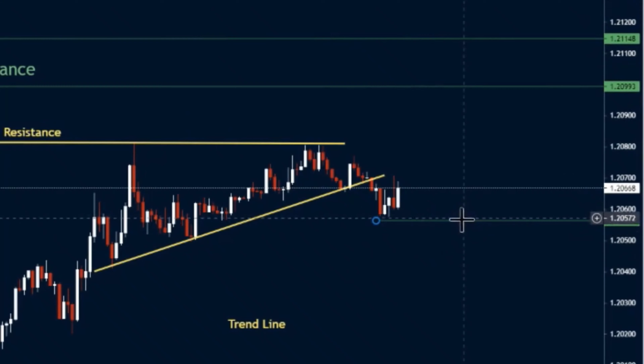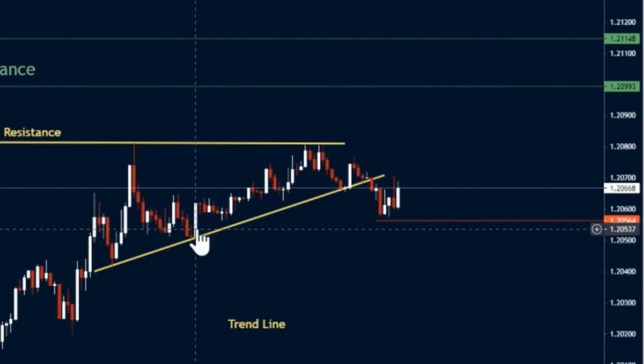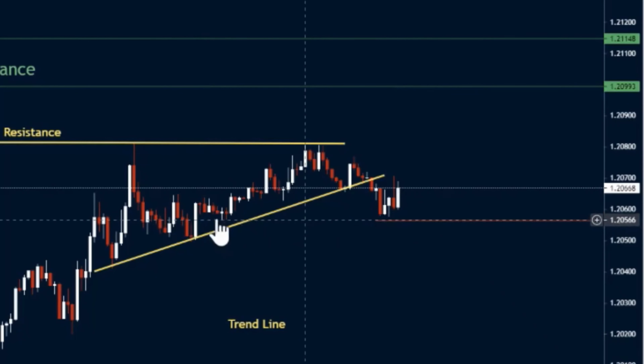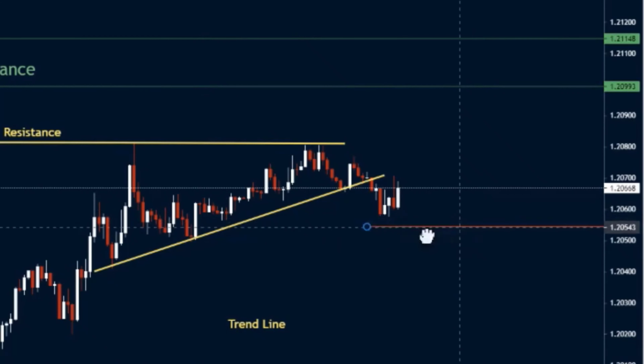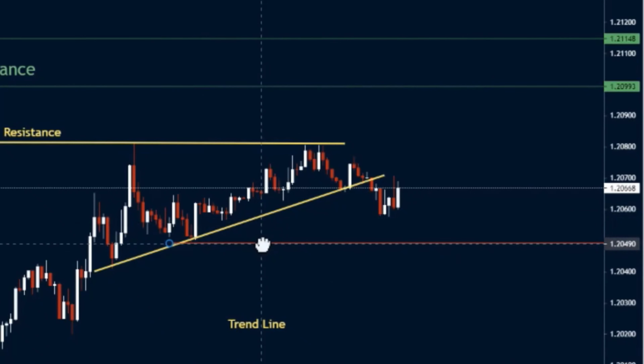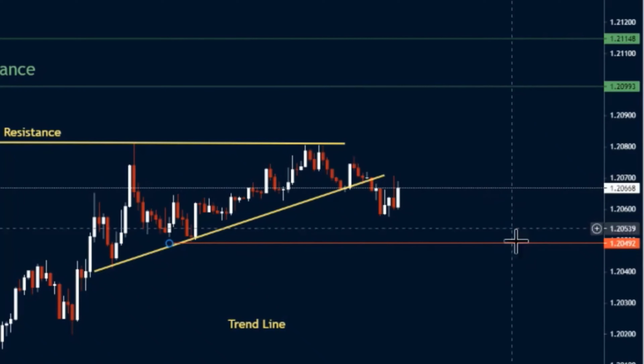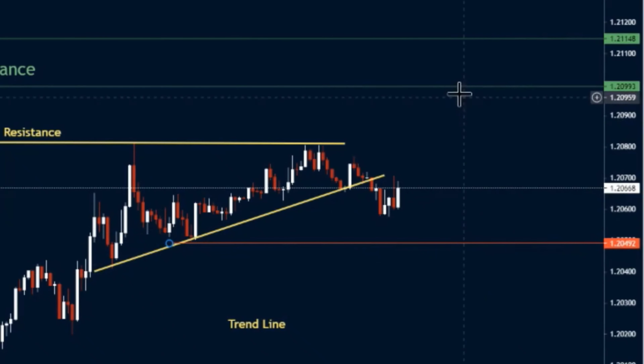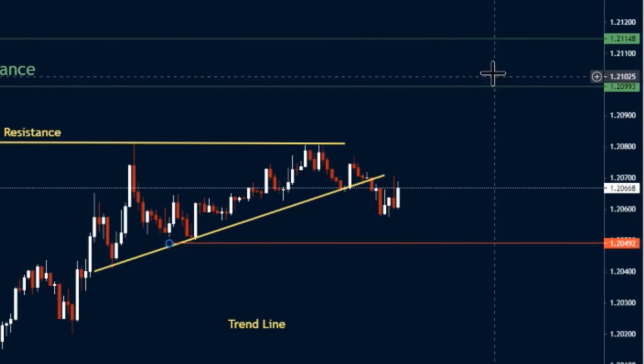Now if we look below, we can see that there is some imbalance just here, and we can keep the SL for short-term gain just below this area as well. The SL here is around 17 pips, and keeping the SL here, the TP for this trade will be just on this area or in the middle of this imbalance area.